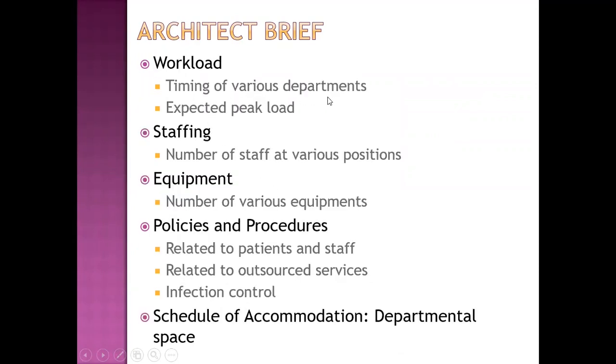Workload, that is timing of various departments and expected peak load. Staffing, that is number of staff at various positions. Equipment, number of various equipments required. Policies and procedures related to patient and staff, related to outsourced services, and related to infection control. Then schedule of accommodation, that is departmental space.